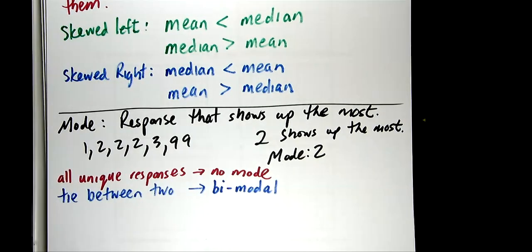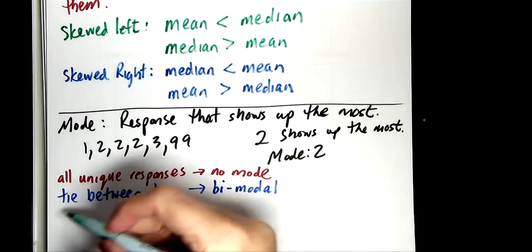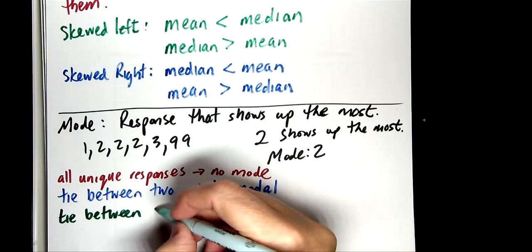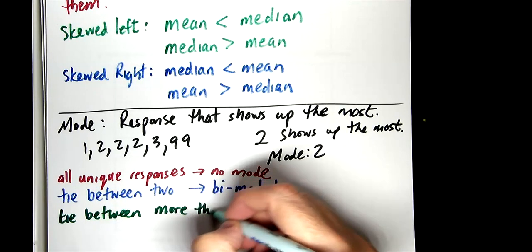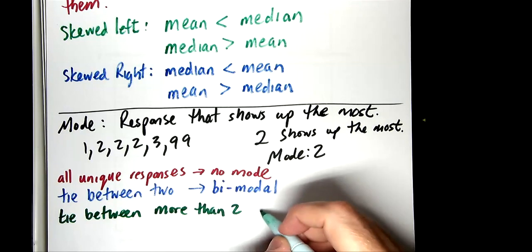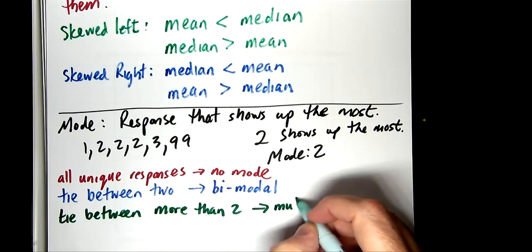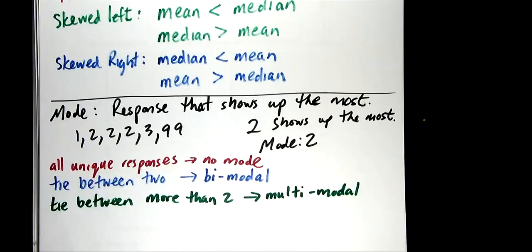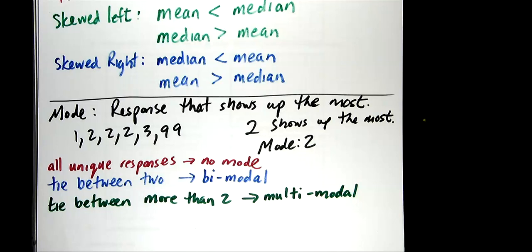And a tie between more than 2 is called multimodal. That's the only time you're ever going to hear me talk about mode. I'm not going to use mode for any other chapter the entire semester.